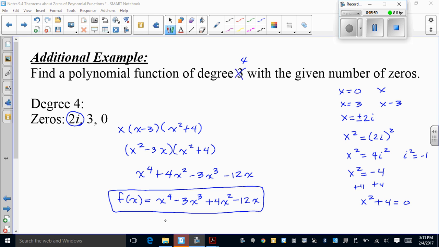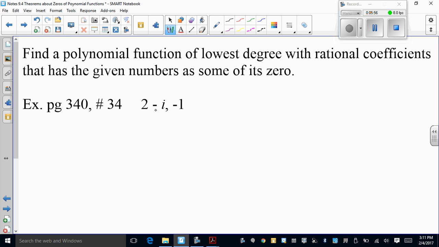Okay. And then the next one is giving you that difficult one I was telling you to watch for. Find a polynomial function of lowest degree with rational coefficients that has the given numbers as some of its zeros. So here's the one I was referring to. This is not 2 comma negative 1. This is 2 minus i. So we have x equals negative 1, which gives us the x plus 1.